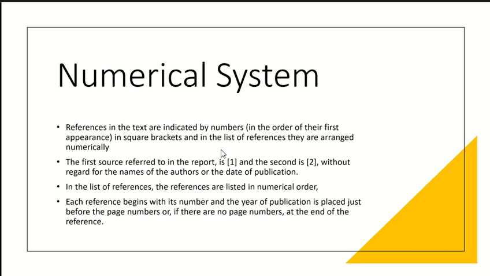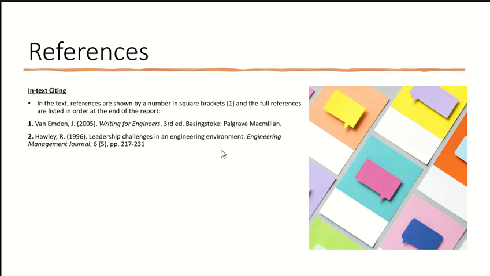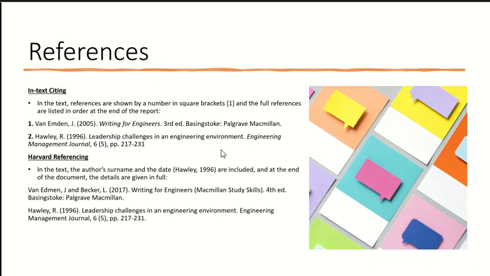If I am using the Harvard system, I am looking for the name, so the first thing should be the name. And the second thing? What is the second thing in the Harvard system? The year of publication. So these two things come first.